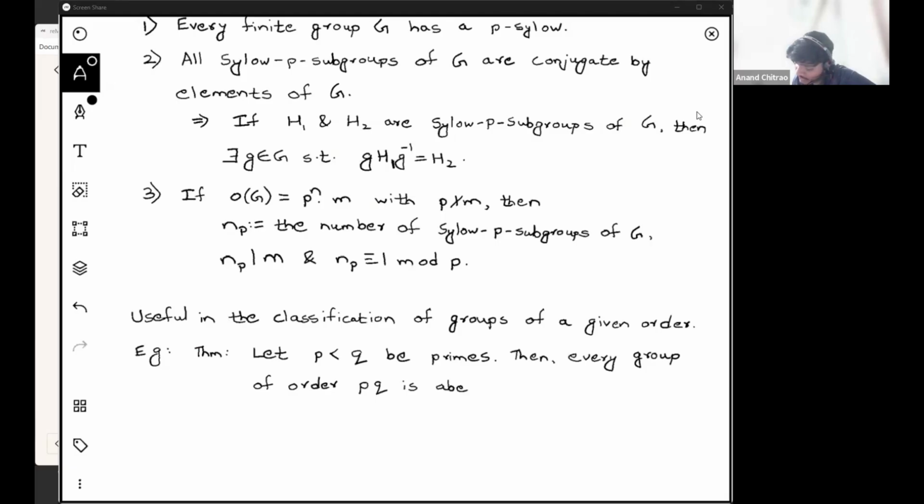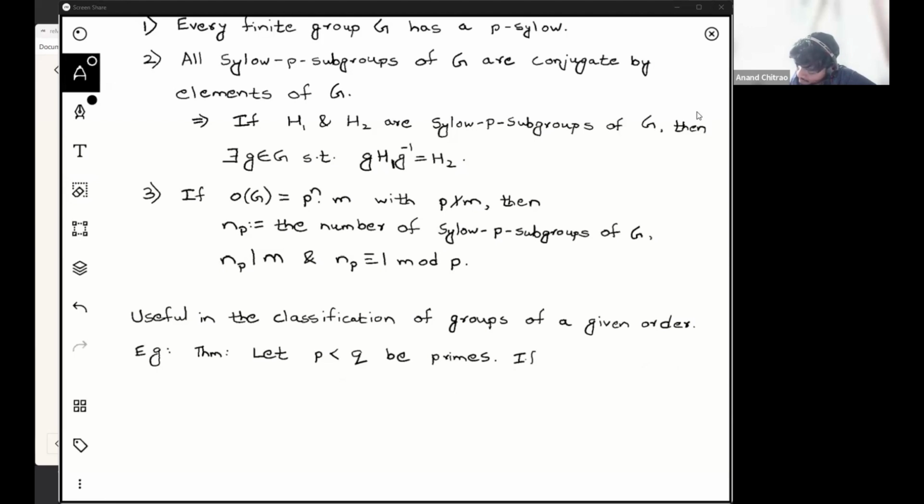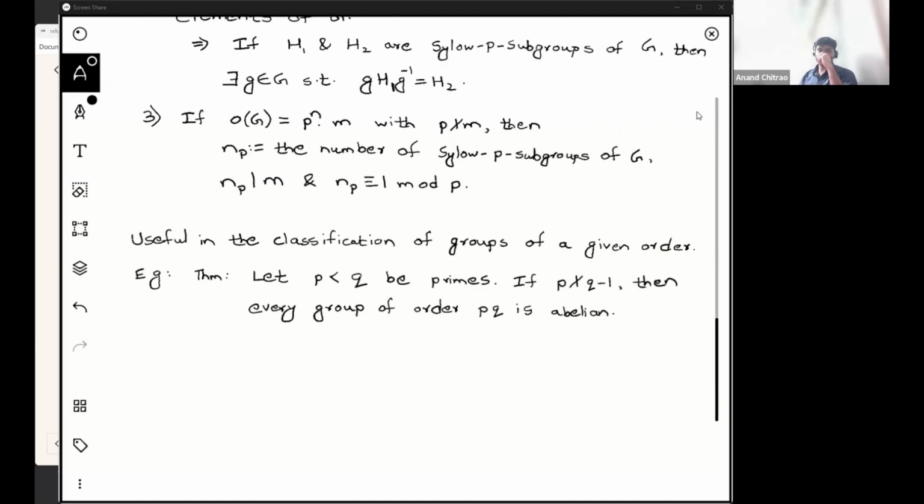Sorry, I forgot a condition. If P doesn't divide Q minus 1, then every group of order PQ is abelian. So how does one show this?